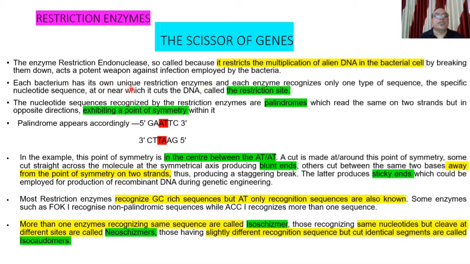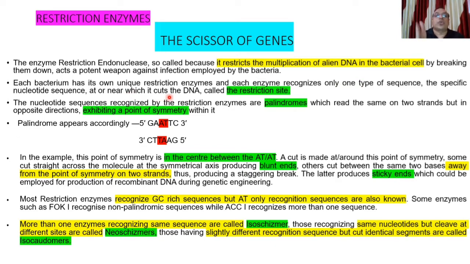Each bacterium has a unique restriction enzyme, and each enzyme recognizes only one type of sequence. More than one type can also be recognized. The specific nucleotide sequence at or near which it cuts.